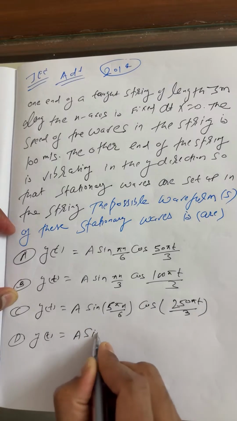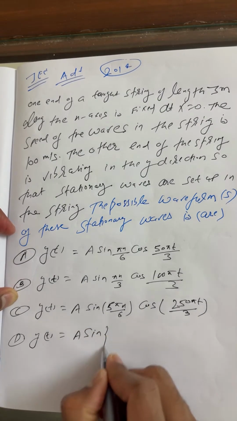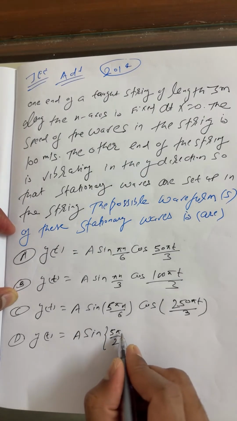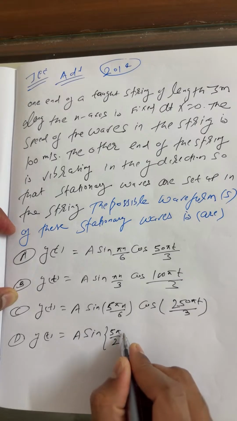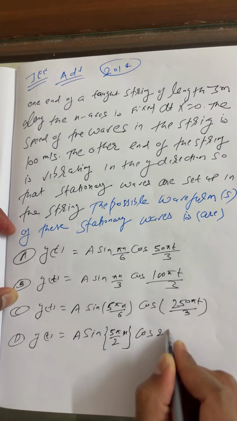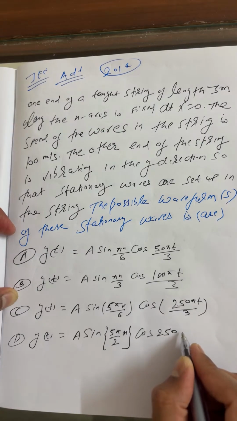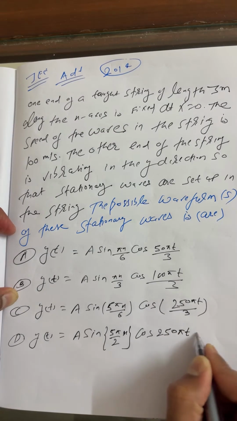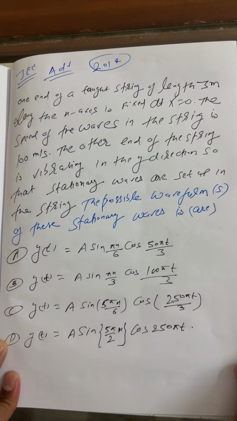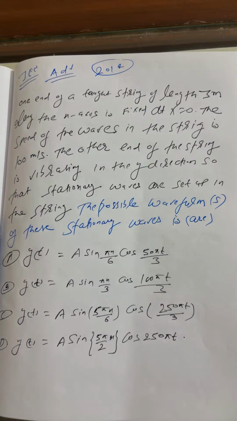Option four: A sine 5 pi x by 2 cos 250 pi t. Okay, do it once, all of you. I'm giving you 2 minutes. Don't worry.